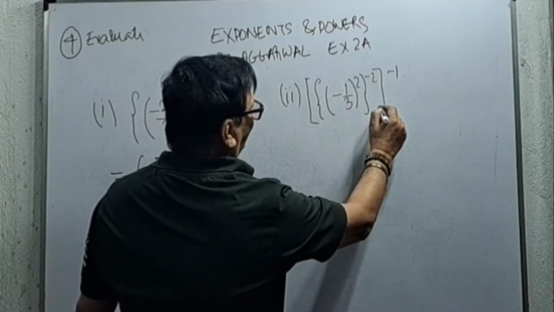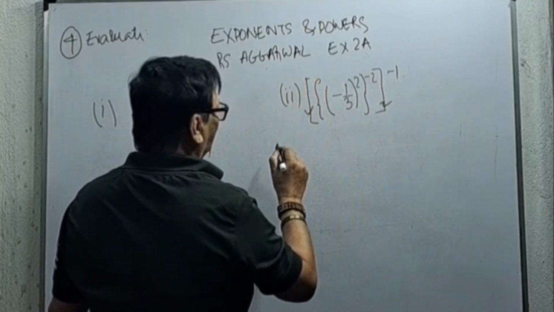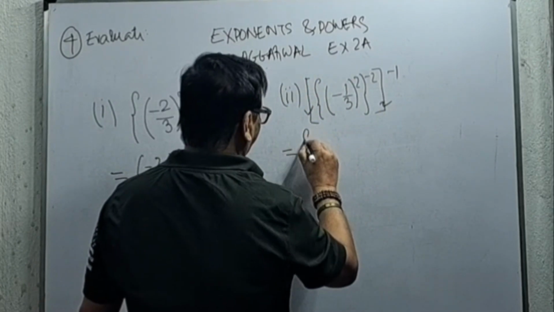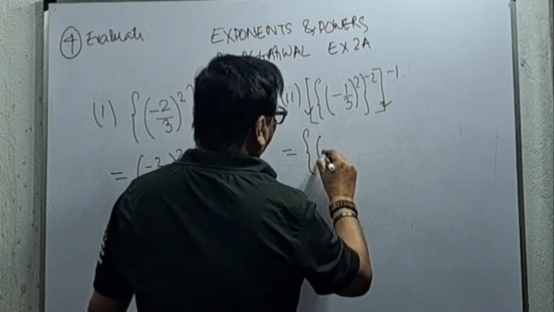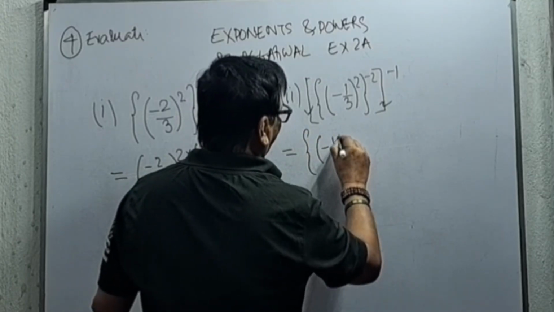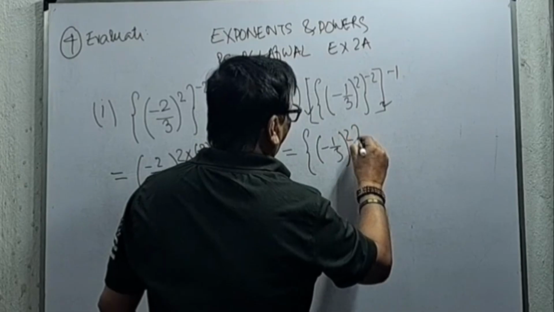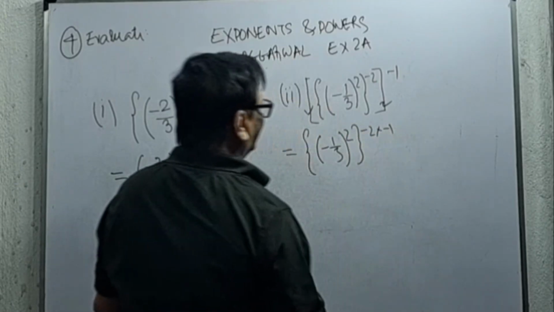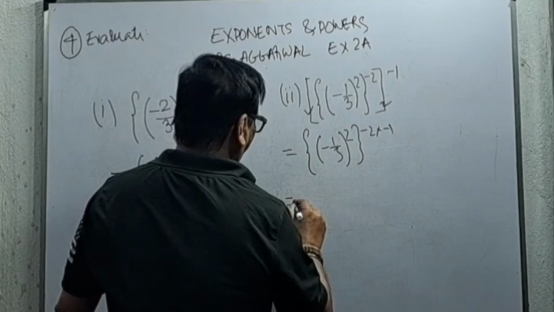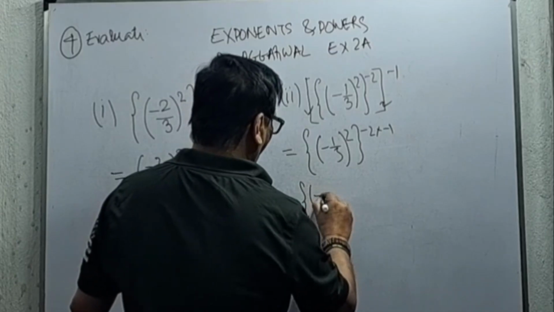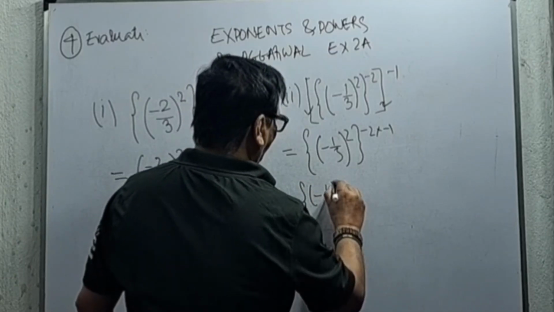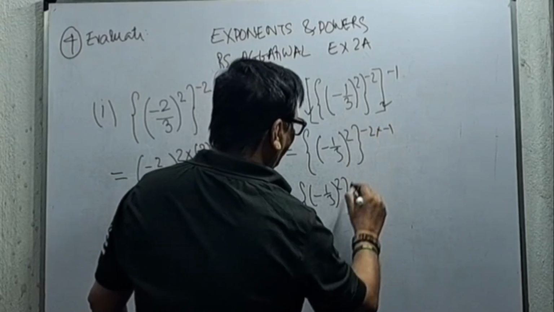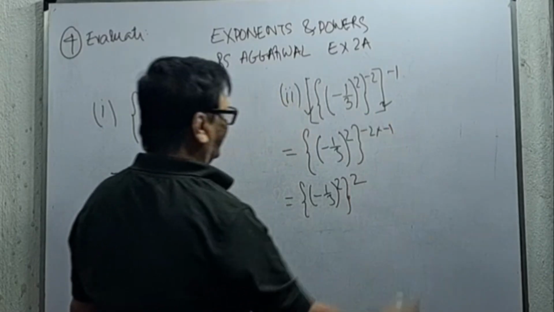So we'll first take out the third bracket. So if you take out the third bracket, we write second bracket, then minus 1 by 3. These powers remain same, but this one gets multiplied with minus 1. Correct? So we write second bracket, minus 1 by 3, power 2, and this becomes positive 2.